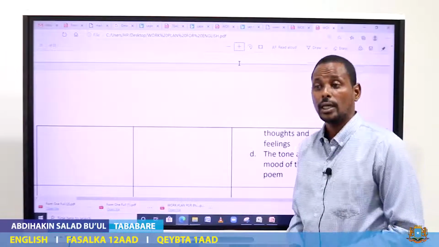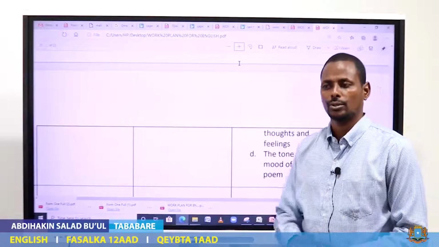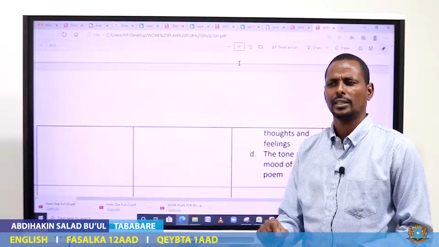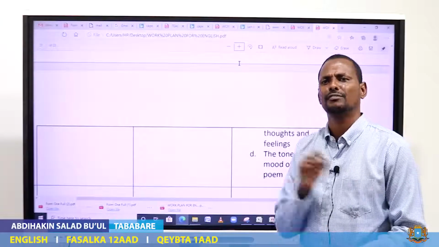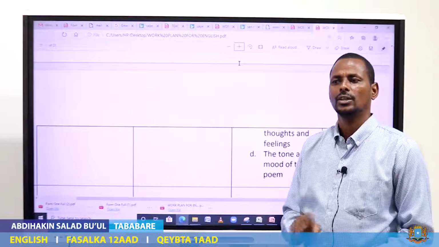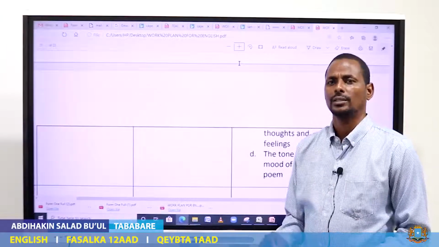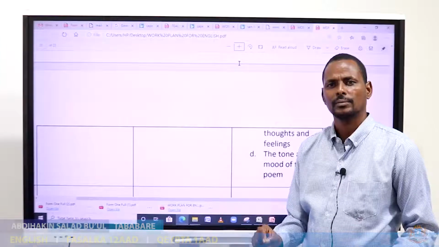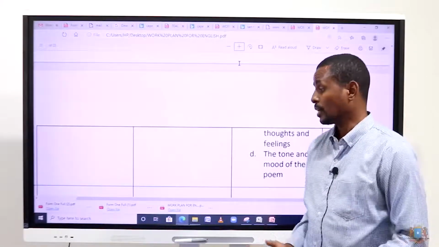For example, if a poet is writing about corruption and how it is ruining the economy of his country, how corruption is the enemy of development, definitely the feeling of the poem will be a sad one, disappointment. He's disappointed with the leaders, he's not happy.